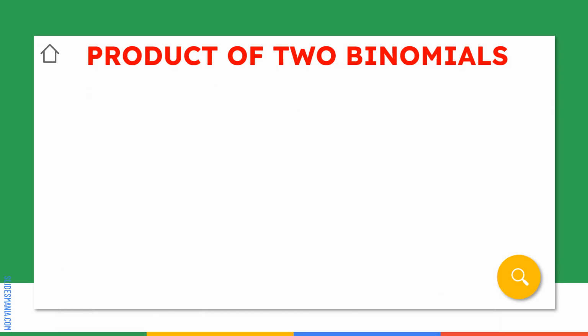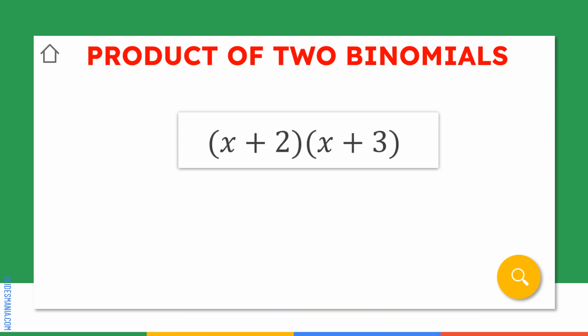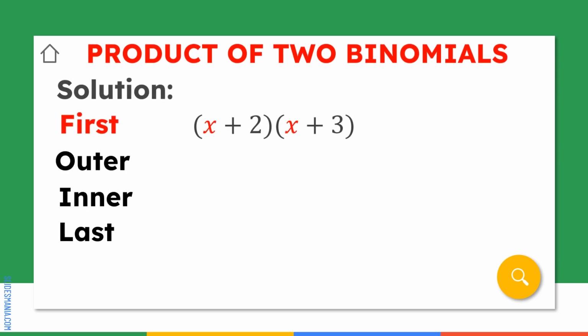So let us try to solve one problem. We multiply the quantity x plus 2 times the quantity x plus 3. Multiply the first terms and they are the variable x. So x times x. We write x times x.